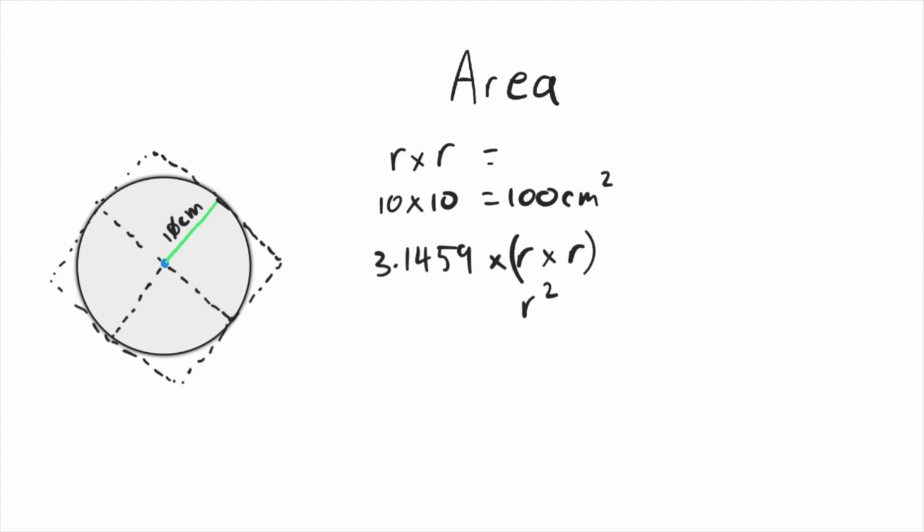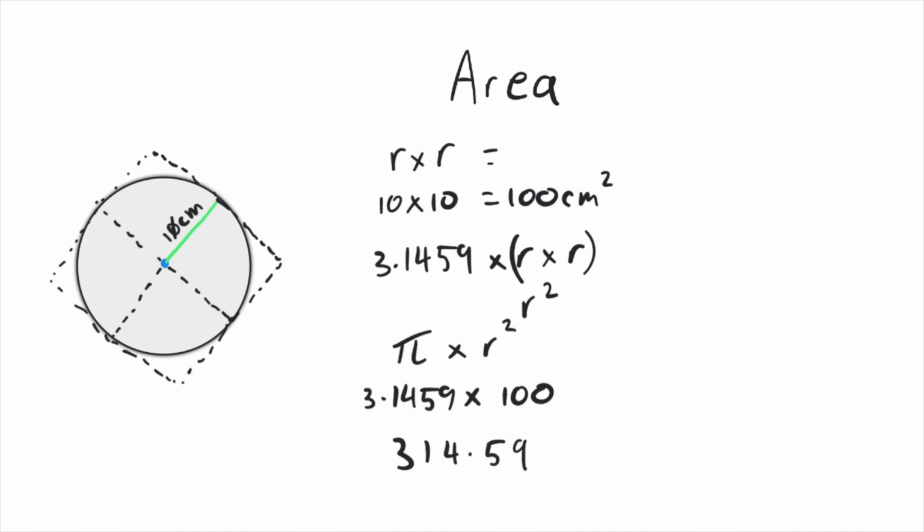So to find area of a circle, we are going to do pi times radius squared. In this case, 10 times 10 being our radius squared, 3.1459 times 100 will actually give us 314.59 centimeters squared. Remember, that squared is super important to tell the reader that we're looking at area.